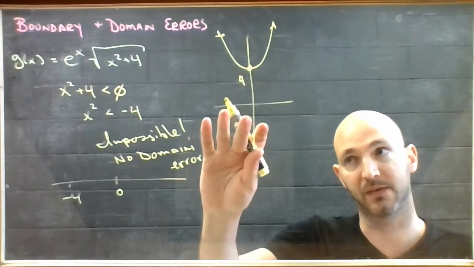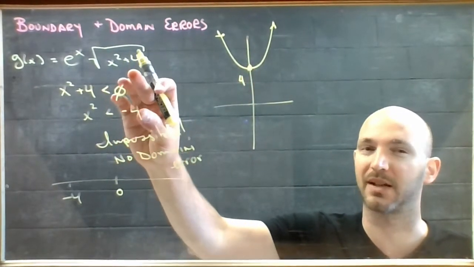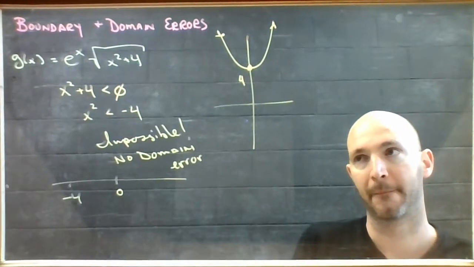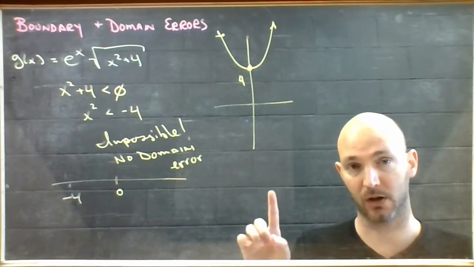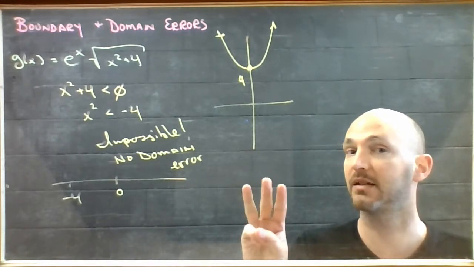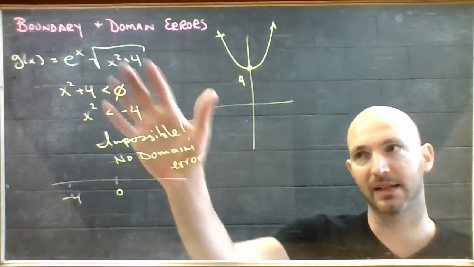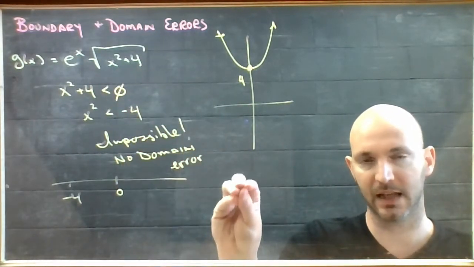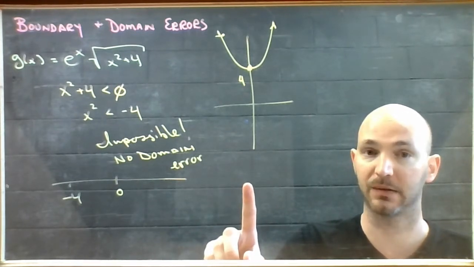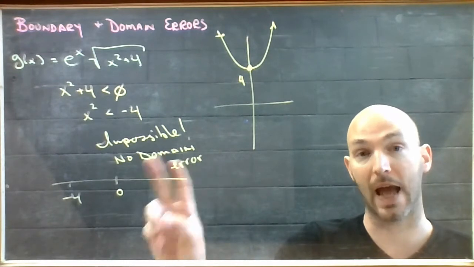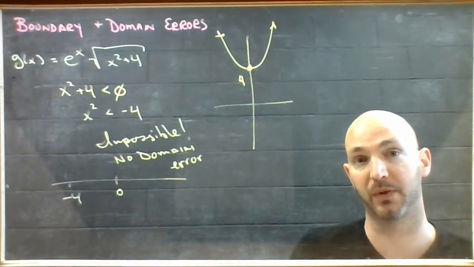And if it is never less than 0, then this thing can never manifest its potential domain error. So net, you need to be checking for either logarithms, radicals, or things in denominators. If you can satisfy the conditions inside the argument of those pieces that would create either an asymptote, boundary error, or a gap, which is a domain error, then your graph should have them show up when you sketch it.